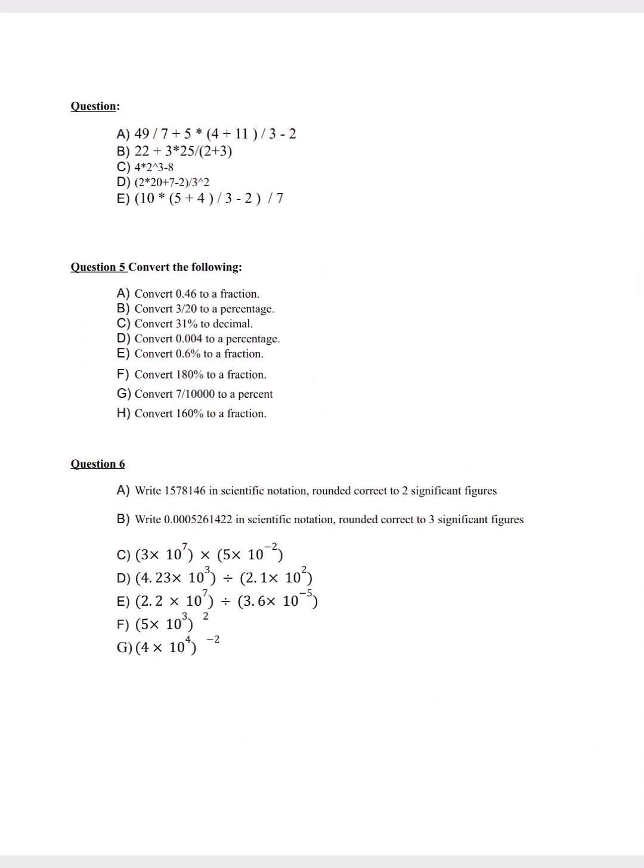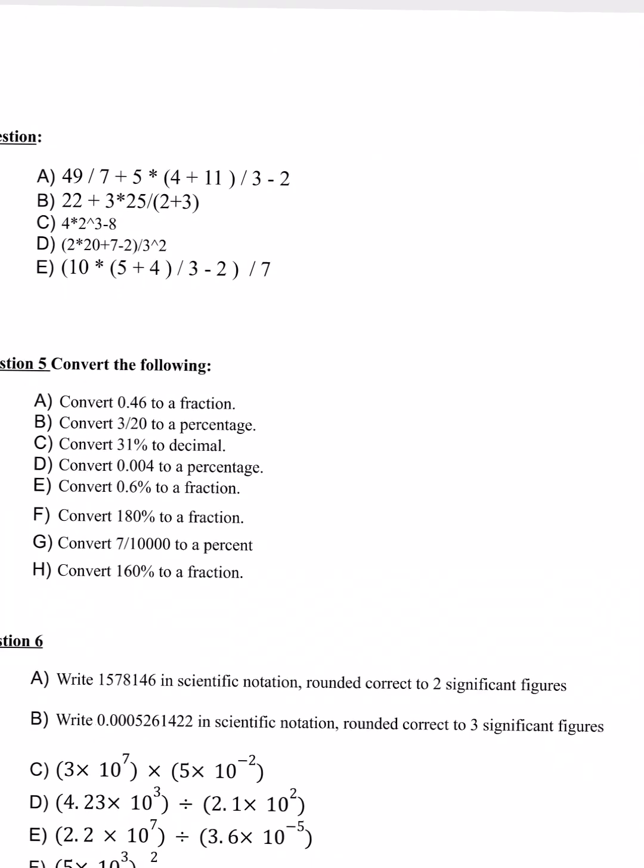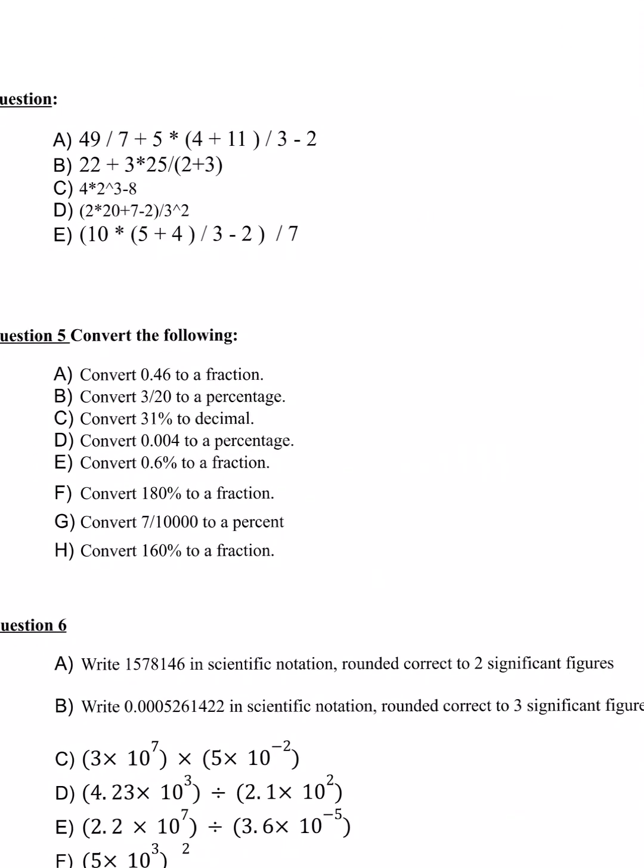Here we go. So the first one here is all about order of operations. So just remember your BEDMAS rule. Brackets, exponents, divide, multiply, add, subtract. That's the order. So we get stuck in here. The first thing we would do here is those brackets. 4 plus 11.